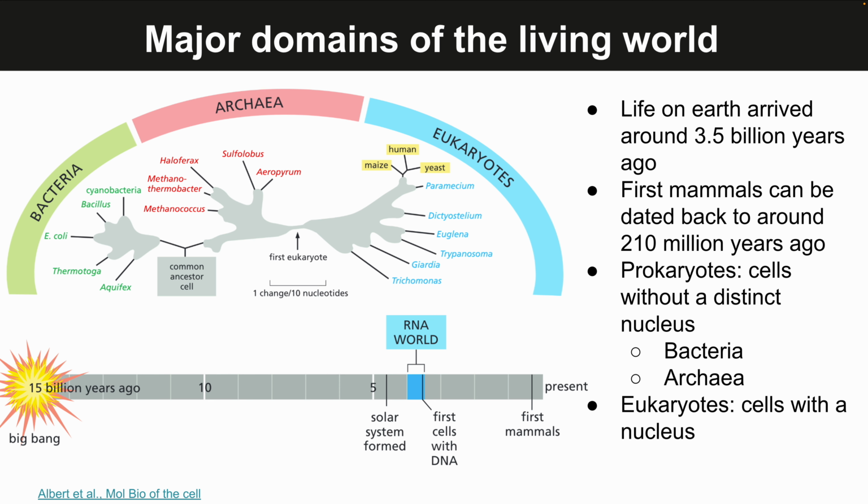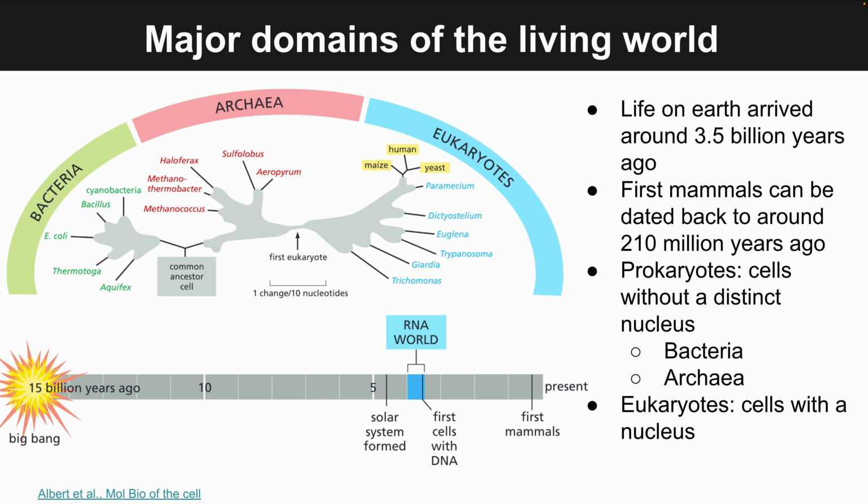Broadly, if you want to understand life, you can understand it on this time scale, right? We've already talked about the first life appearing on Earth around 5 billion or 3.5 billion years ago. Broadly, you can divide the life that exists in the world today into prokaryotes, archaea, and eukaryotes.